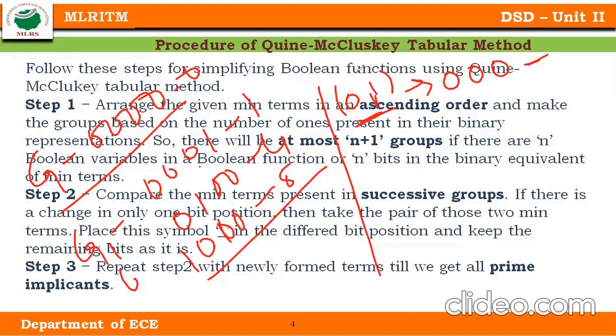Okay, that is completed. Then group 1 with the next variable, so I am comparing 0 with 4. The starting bits are the same, but bit position B2 changes from 0 to 1, so dash, and the other bits are the same.